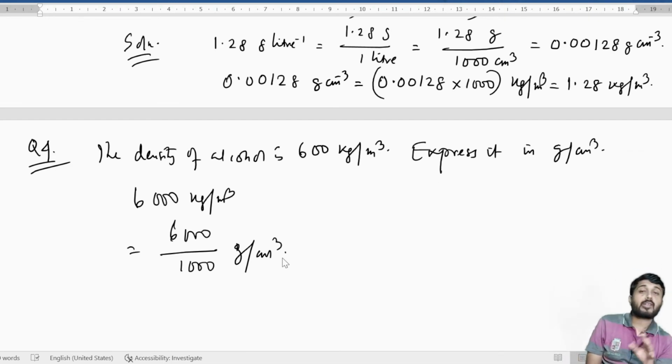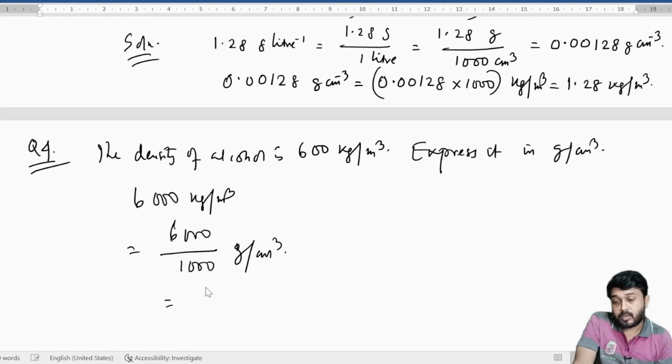So 1 kg per meter cube is equal to 1 by 1000 gram per centimeter cube. So we need to divide with 1000. The answer is 6 gram per centimeter cube.